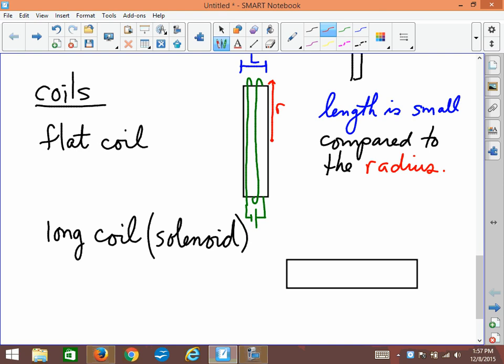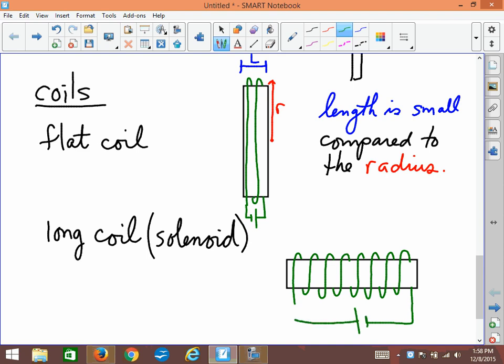And in a long coil, you would wrap like this, up over the top, down around the back, up over the top, and so on, all the way down, and all the way across, and then down to the back, behind, out, hook it up to a source of voltage to get current to flow, and there's your coil. Now, the R is sort of like this distance right here, the radius of this coil.